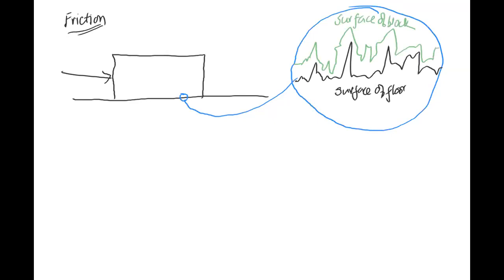Please notice one thing, that I have drawn the two surfaces in such a way that they are not touching each other. Right? And remember, I told you that the fact that your chair is on the floor, the legs of your chair are on the floor, does not really mean that they are touching the floor. In a microscopic picture, there is a small void, there is a small gap between the bottom of the legs of your chair and the floor, and the interaction that they are having.